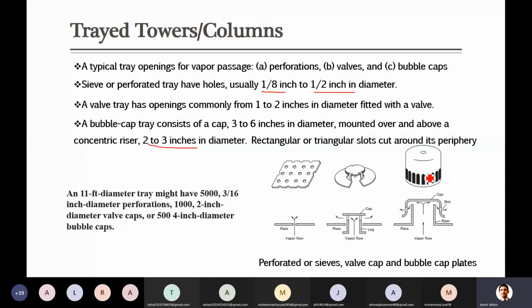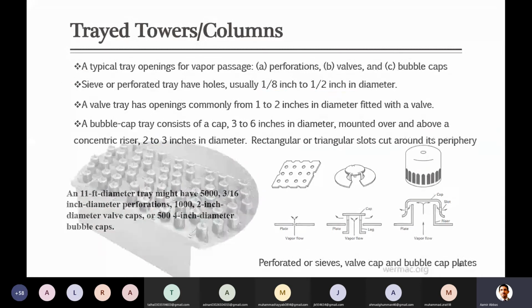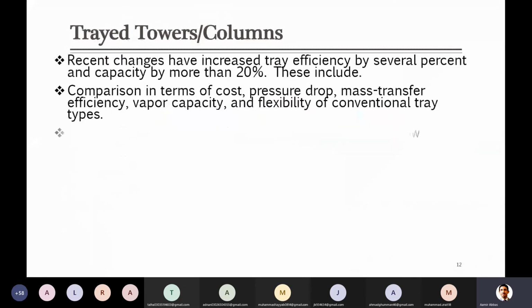He mentioned that it is highest in this case, and the reason is that it is always fixed. Vapor will just enter straight from this bottom path, they will collide with the top surface of this cap, which is the bubble cap. After this they find a path to move through some opening. So after colliding of all vapor with this fixed surface, the pressure drop is higher in this case.